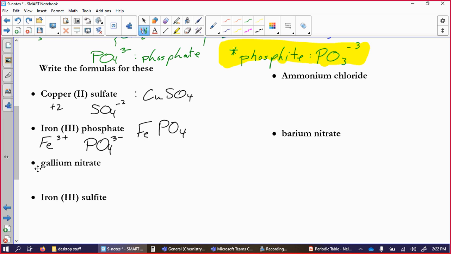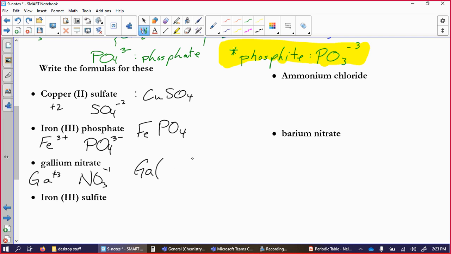Gallium doesn't have a Roman numeral, so we need to go to the periodic table and remember that gallium is +3. Nitrate is NO3 -1. To balance the negative with the positive, we need 3 of that whole business.